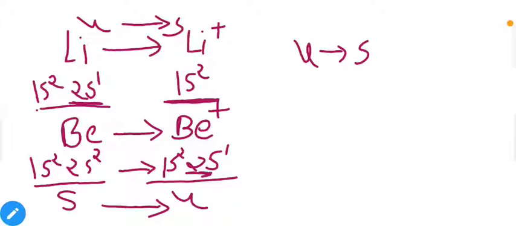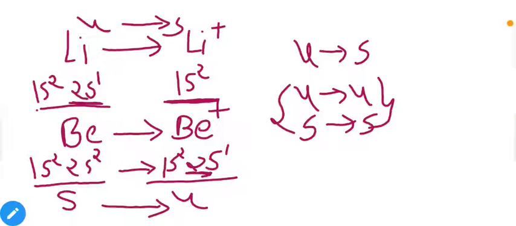Then the next difficult reactions will be either unstable to unstable change or stable to stable change. These types of reactions require some amount of energy, or if they are exothermic, then they will lose comparatively less energy than the first one. And then the highest amount of energy is required when changes are stable to unstable.